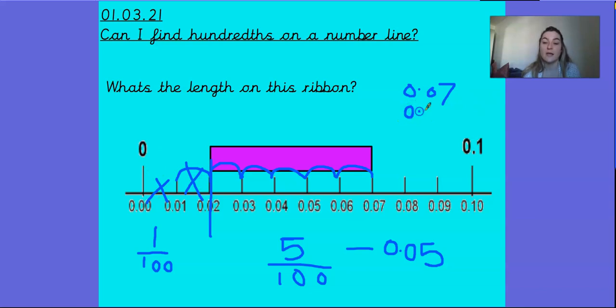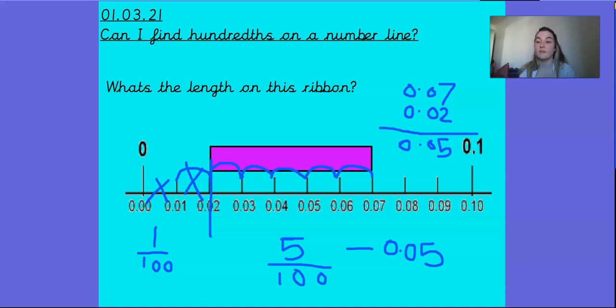So you could subtract 0.02, so take away 2 hundredths from 7 hundredths, and you would be left with 0.05. So that's just another way of looking at it.